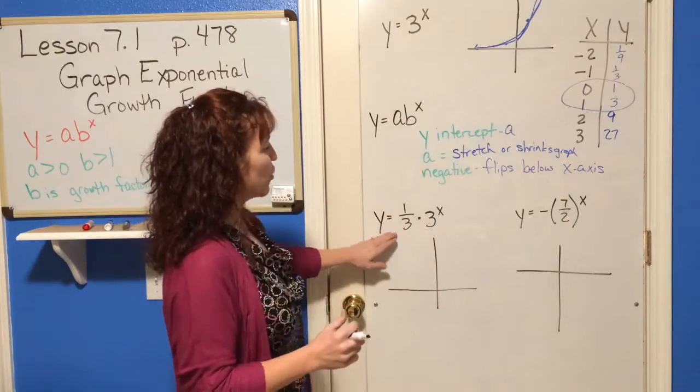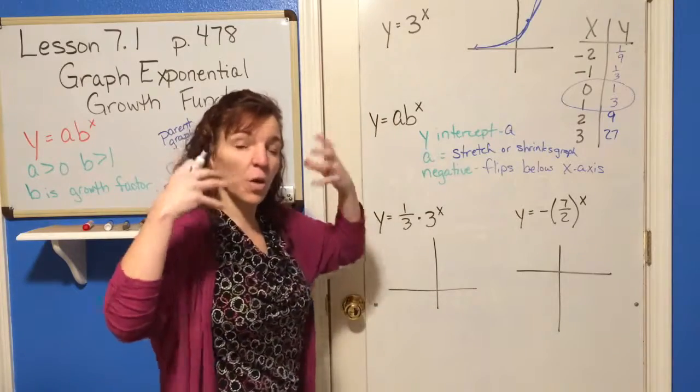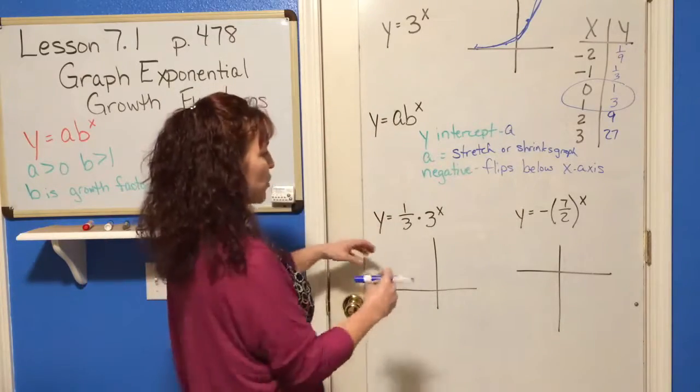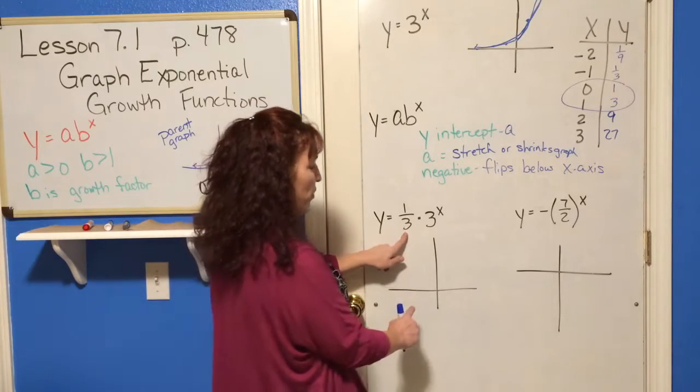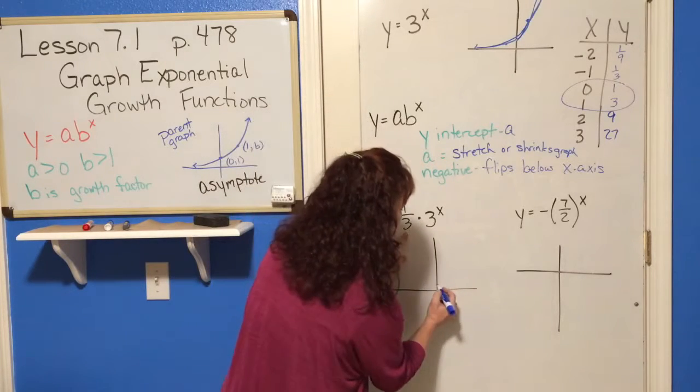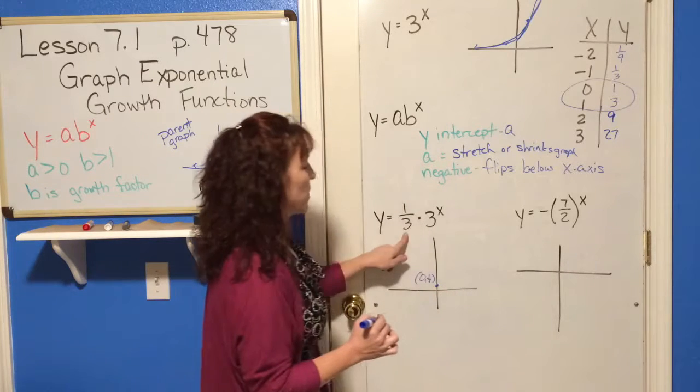So let's look at a graph like this. If you can remember the parts and pieces and what it looks like, it's going to be very, very simple to graph. So the y-intercept is a, so the y-intercept is 1/3. So you've got the point (0, 1/3).